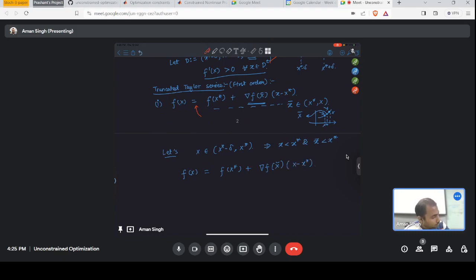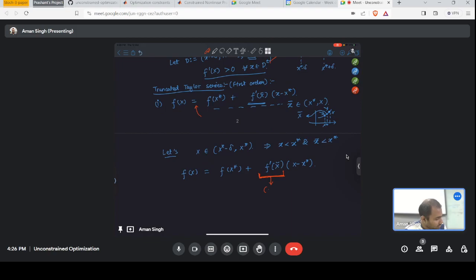So what is the sign of f dash x bar? Because we are in neighborhood D, f dash gradient, or sorry, here, because we are in single variable region, gradient is same as differentiation. So sorry about that. It doesn't make any difference, but in single variable it's a first derivative.